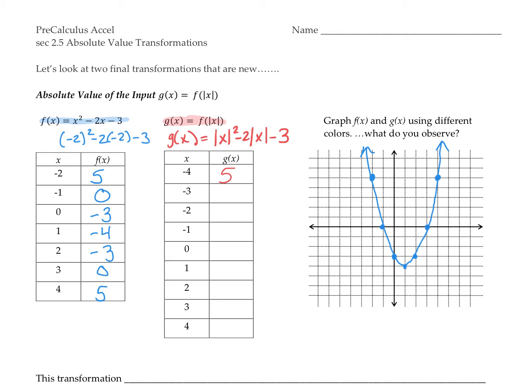Do the same thing with -3. So -3 becomes positive, squared is 9, minus 6 is 3, 3 minus 3 is 0. You're going to do these for all of that. Remember, you have to make the number positive before squaring it or multiplying it by -2. So when I plug in all the numbers, my table would look like this, and now I'm going to plot these points.